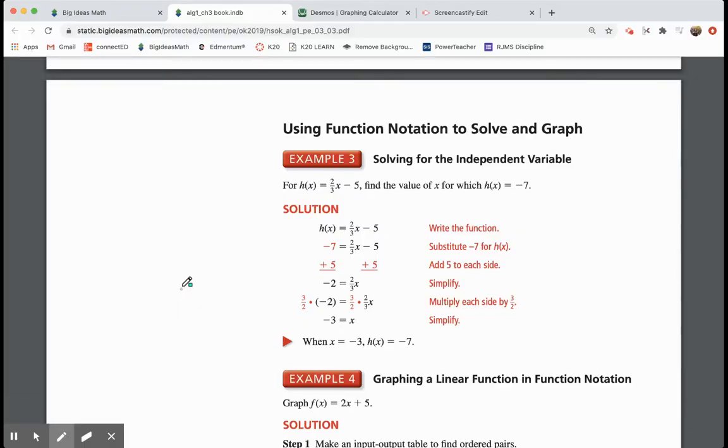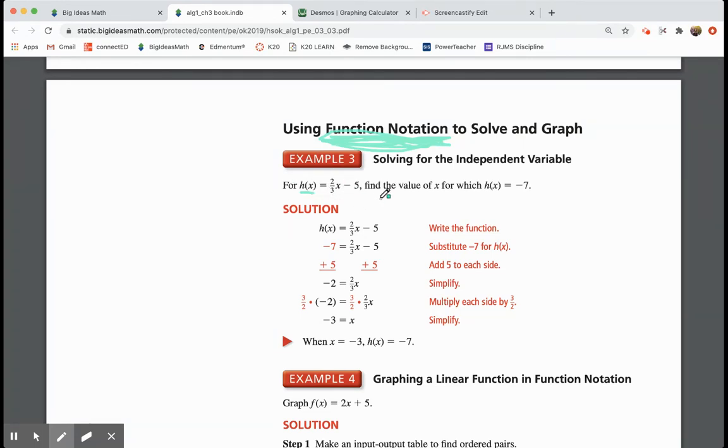Okay, now we are going to use function notation to solve and graph. So remember, anytime you see h of x, f of x, g of t, any of those, it's just another way, called function notation, to write y equals. It is still just an equation. So this says h of x equals negative 2/3 x minus 5.